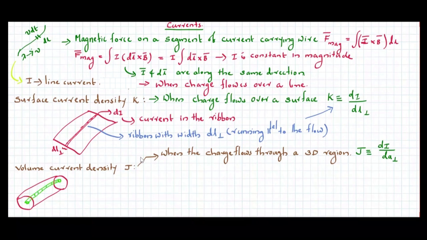The tube is taken in such a way that it is running parallel to the flow of current. Suppose the tube carries a current di with the cross section dA perpendicular. di is the current in the tube and dA perpendicular is the cross sectional area. Then the volume current density J is di by dA perpendicular.